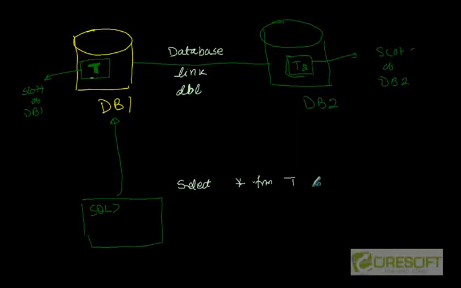If I do select star from T2@dbl, because this is the T2 table, then I'm going to get the data from T2. Remember, I'm still connected to db1, but using the database link, I am getting data from another table.